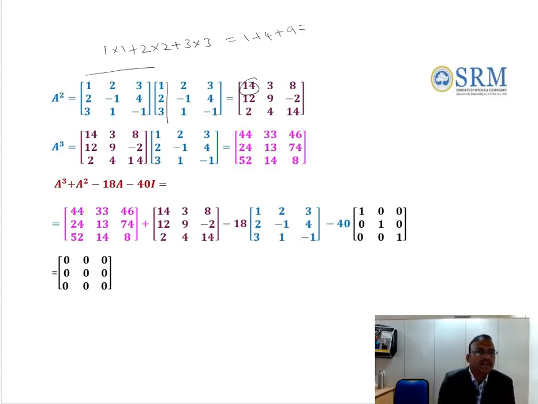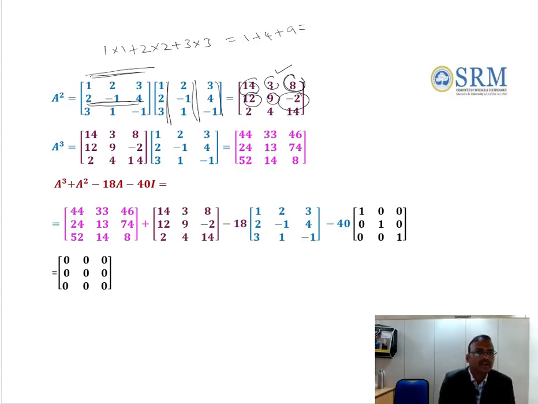Similarly, for the second position, we have to multiply this row with the second column, that gives 3. For this element, we multiply this row with the third column, that gives this value. For the second row of A square, take the second row and the first column, that gives this element. Then second row, second column; then second row, third column.